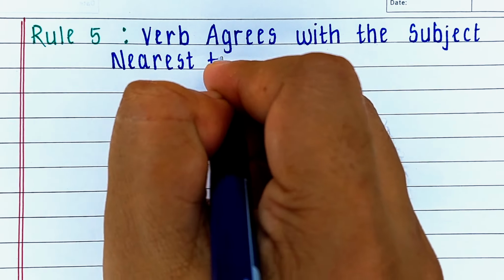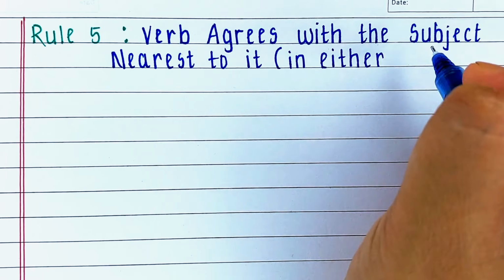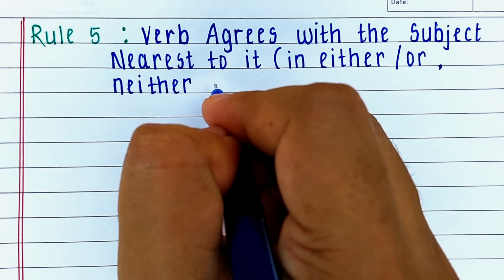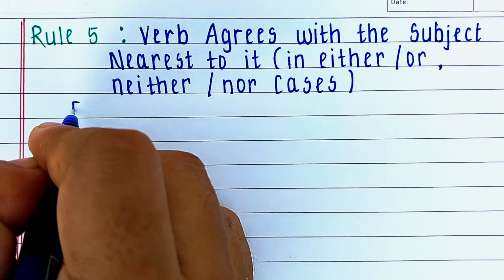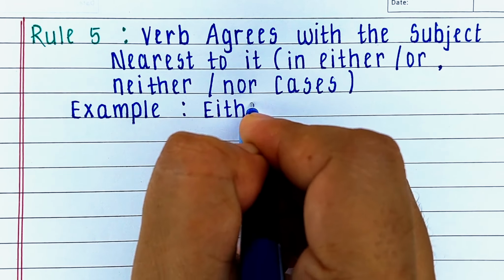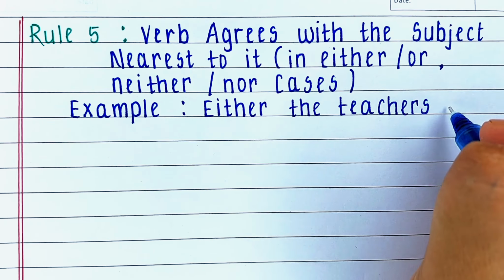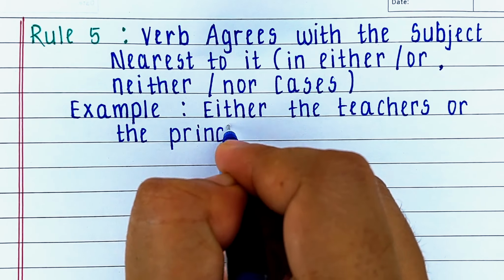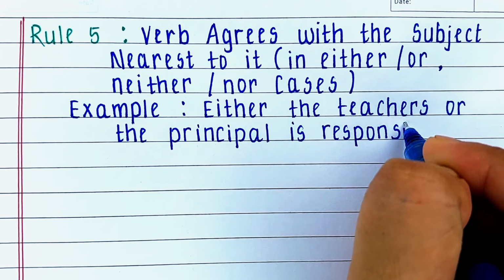Verb agrees with the subject nearest to it, in either or, neither nor cases. For example, either the teachers or the principal is responsible.